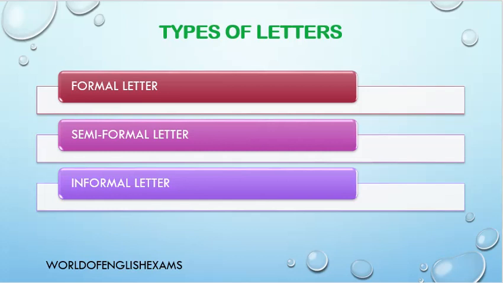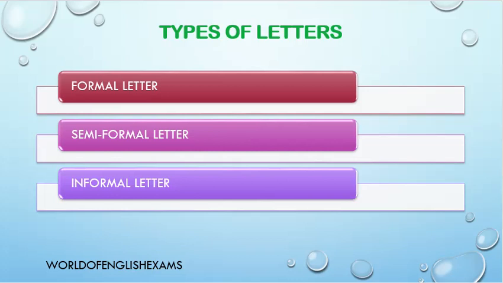The formal letter is something which is written to a completely unknown person, and the tone should be very formal. You cannot use word contractions in that, and you cannot use casual vocabulary or vocabulary which is irrelevant to the given context.